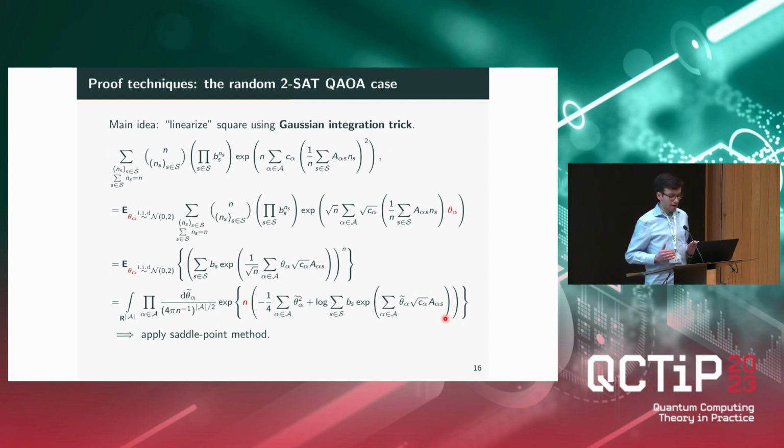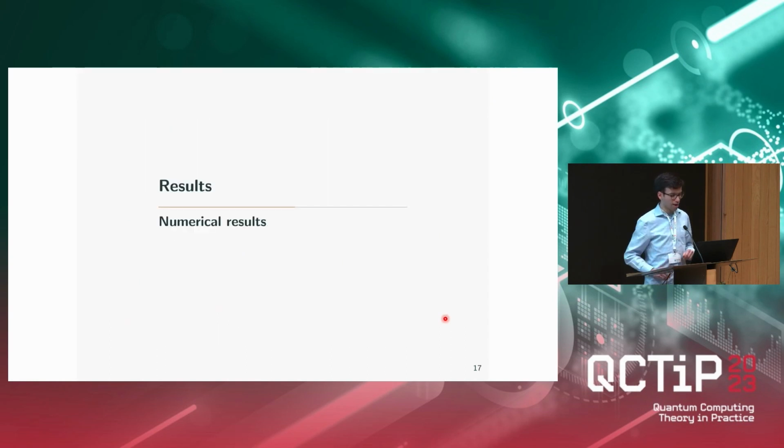And now there is a ready-made recipe, so to speak, to estimate these kinds of integrals, which is called the saddle point method. And this saddle point method gives you the existence of an exponential scaling in n, indeed, and tells you how to compute the scaling as the fixed point or critical point of some function. All right, so that was a brief overview of the proof.